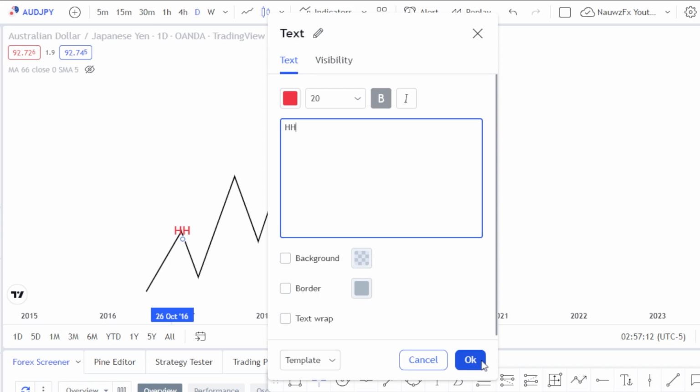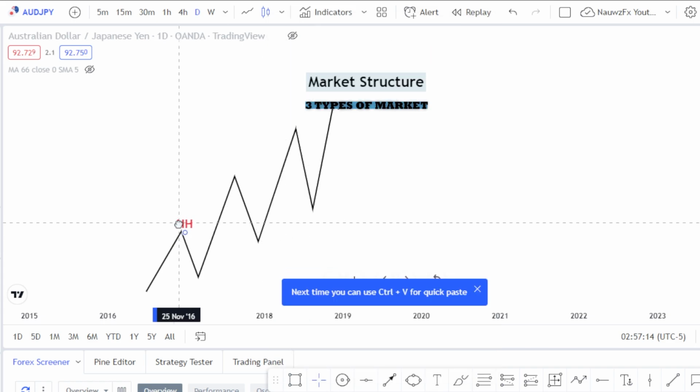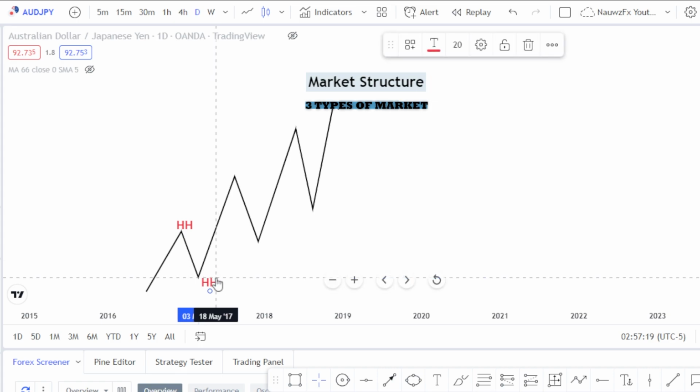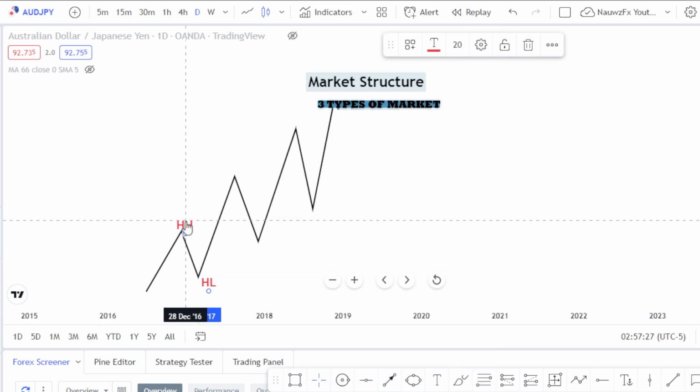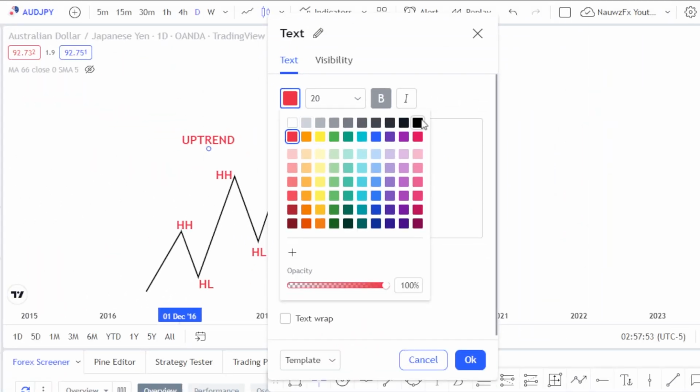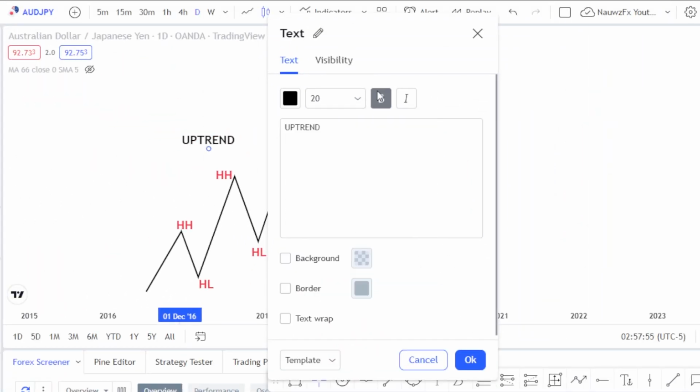So we have a market that makes higher highs. So the HH means higher high, and we have a market that makes higher lows. HL for higher lows, HH for higher highs. So what you'll realize is that this market is basically trending up.